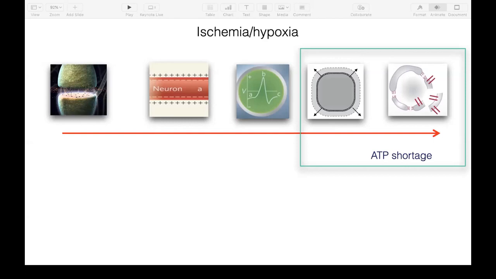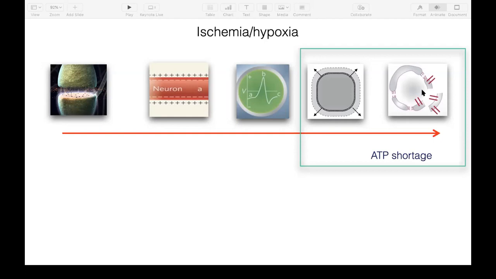And by the way, this can still be reversible, as we discussed. Depolarization can be reversible in some circumstances. Even cell swelling can be reversible. Clearly, if it is of such a severity that the membrane is actually disrupted by the mechanical forces, at least that is one of the events that can be observed, then it is irreversible.